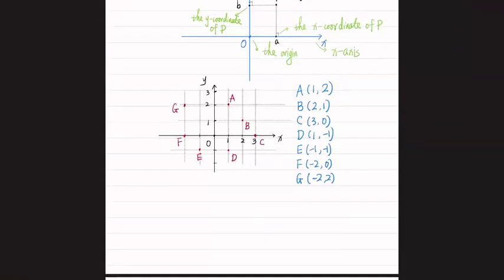So now I can see P, A, B, an ordered pair of numbers. In particular, Q, B, A will be a different point.